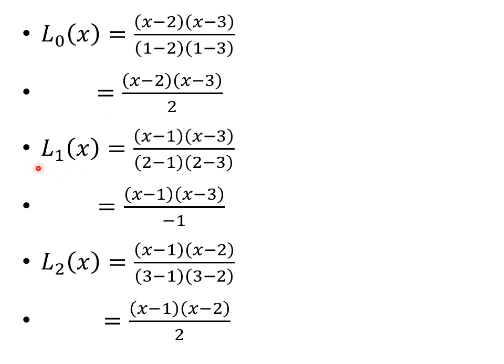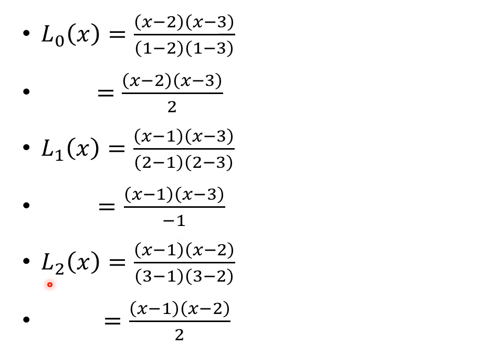The formula is also given, and putting these values, we get 2 minus 1, which means 1, and 2 minus 3, which means minus 1. Then 1 multiplied by minus 1, we get minus 1.